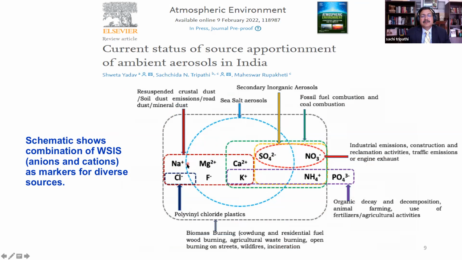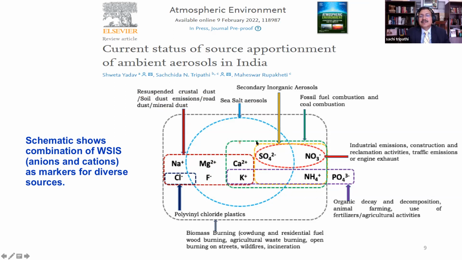For example, sodium, magnesium, calcium, chlorine, and potassium all show soil dust, mineral dust, or road dust. What comes in the blue oval shows sea salt, which will have magnesium, chlorine, calcium, potassium, and sulfate.